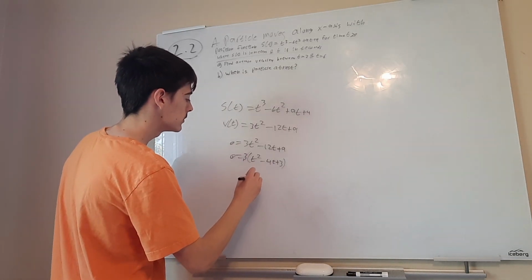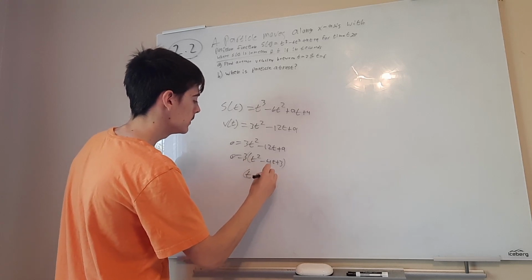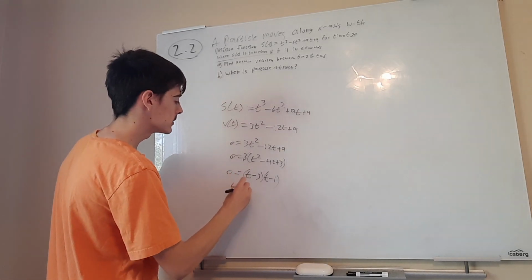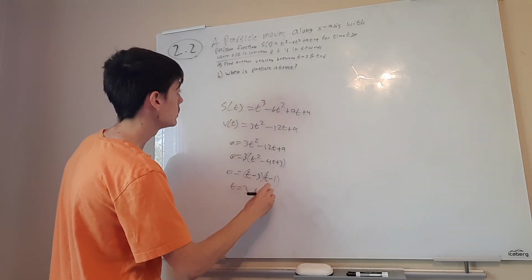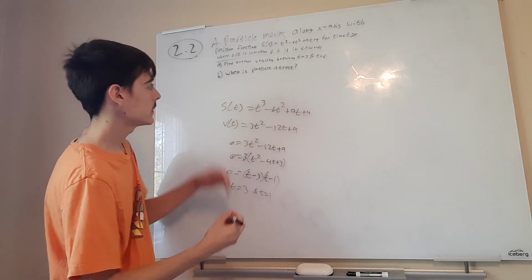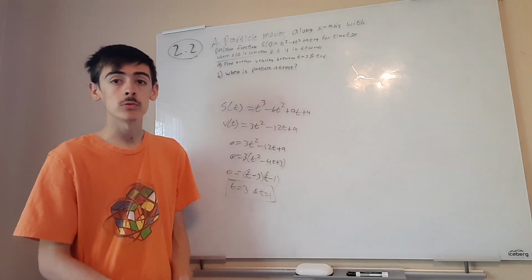This will be turned into t minus 3 times t minus 1 equals 0. And that tells us that t equals 3 and that t equals 1. So from this, we find that the particle is at rest 2 times. It's at rest at t equals 3 and at t equals 1.